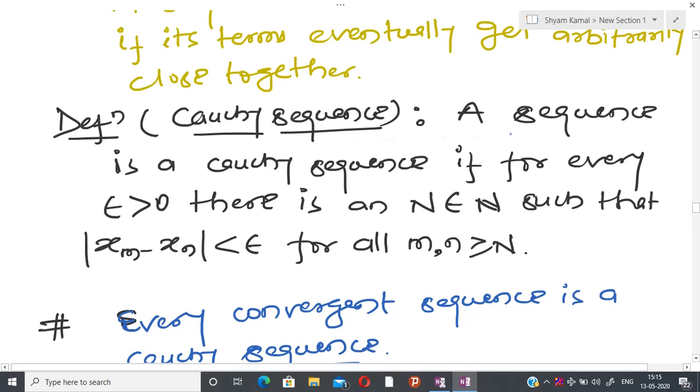A sequence is a Cauchy sequence if for every epsilon, there is a natural number n such that, for m and n terms of the sequence, we are seeing the relative distance between any two terms.